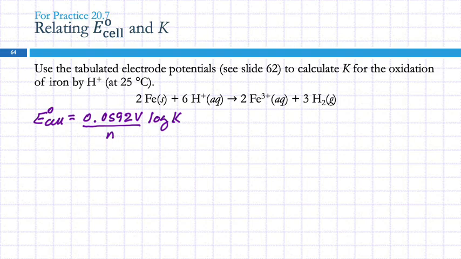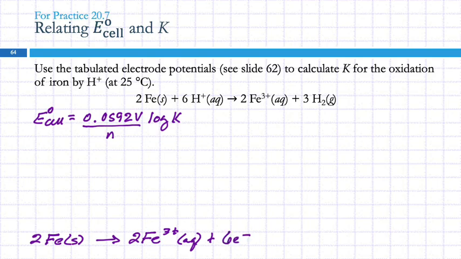So our half reactions, I'm just going to write them down here. We've got 2 Fe going to 2 Fe3+. And how many electrons would that be losing? 6.